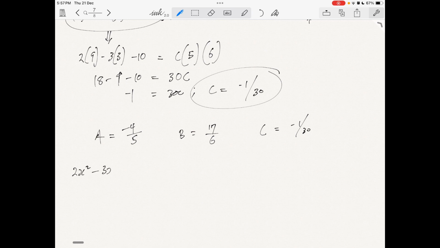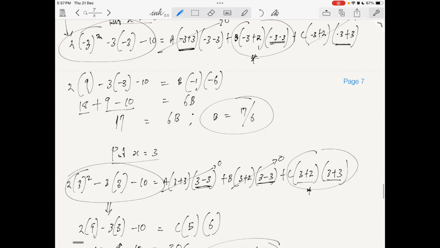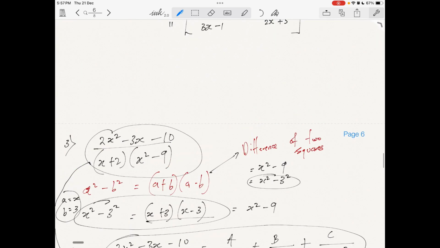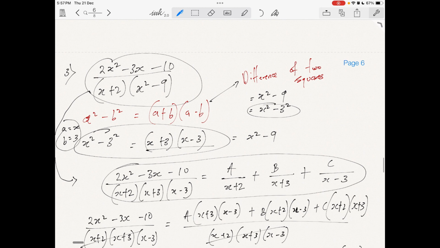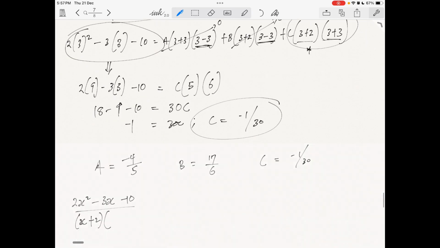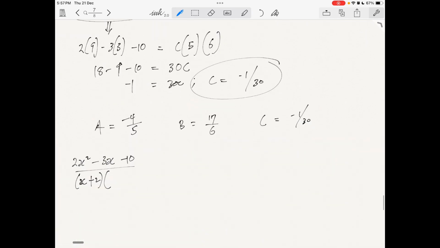What's the numerator? 2x squared minus 3x minus 10 into x plus 2, and please remember to follow the same format which you have at the beginning. Okay, we have x plus 2, we have x plus 3, and we have x minus 3. Ensure that it's the same format, so that we don't get it all mixed up. So that's x plus 2 and x plus 3 and x minus 3.